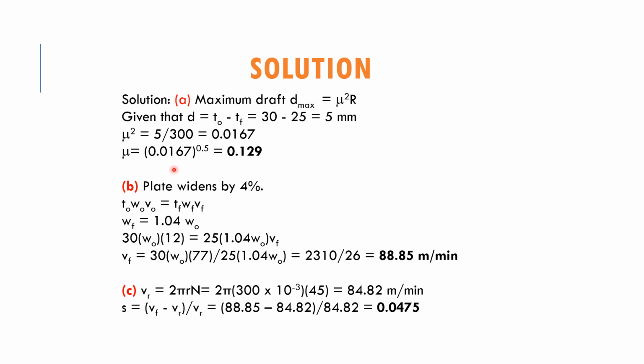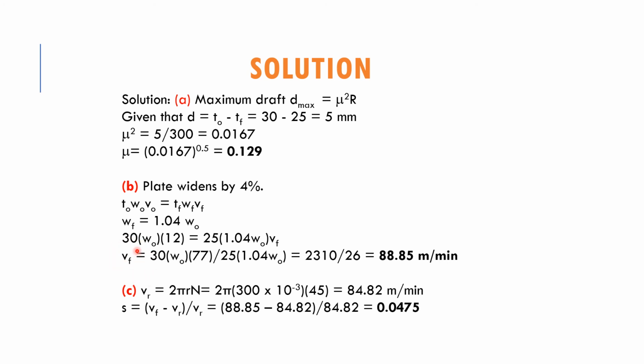Okay, the B question: it's given that the plate widened by 4%. However, the width of the work material is not given, right? For this one, they want the final velocity.